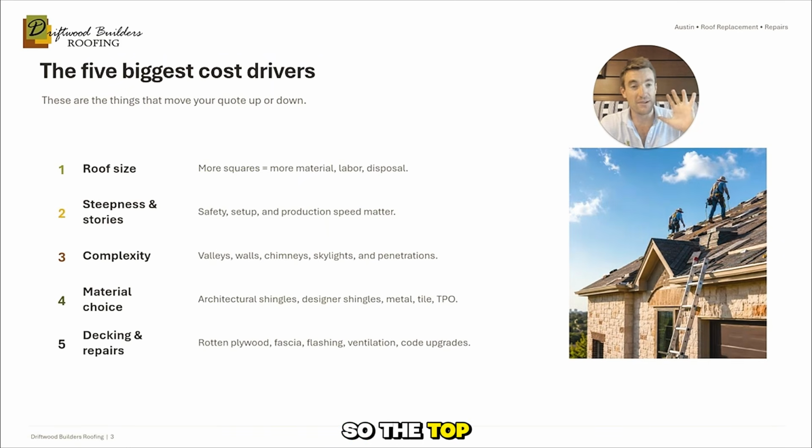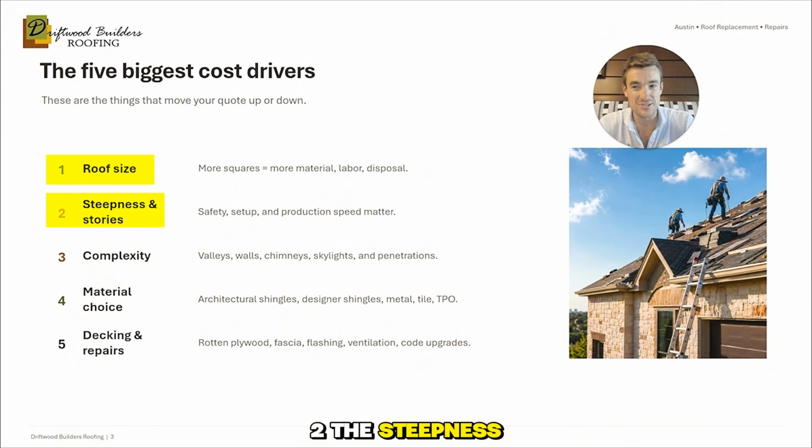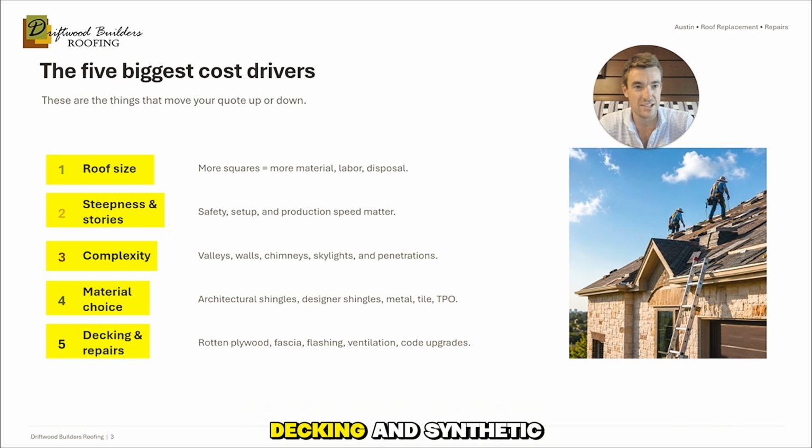So the top 5 factors that determine the cost of a roof: 1, roof size. It's kind of obvious. 2, the steepness and stories of the roof. 3, the complexity of the roof. 4, the materials used. And then 5, are there additional charges for decking and synthetic felt paper underneath?